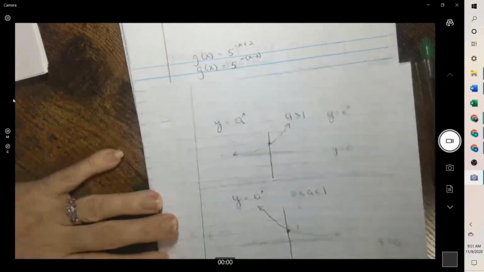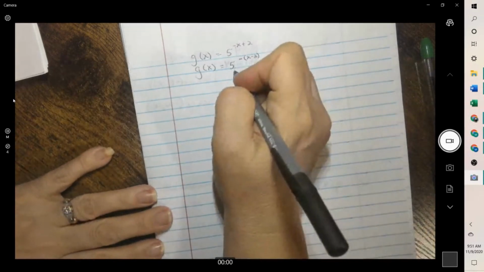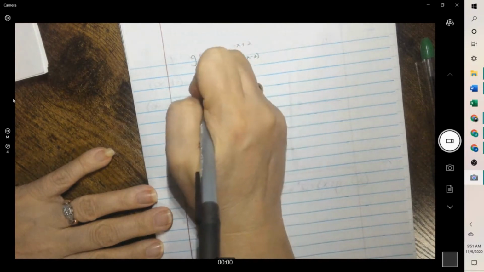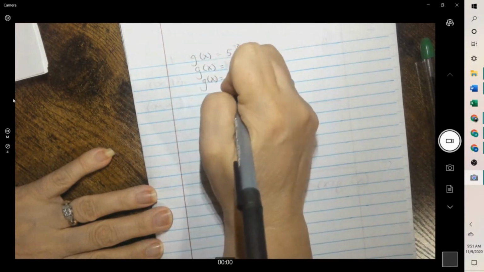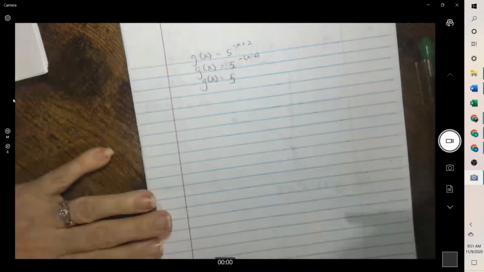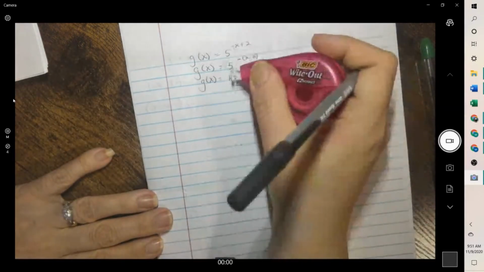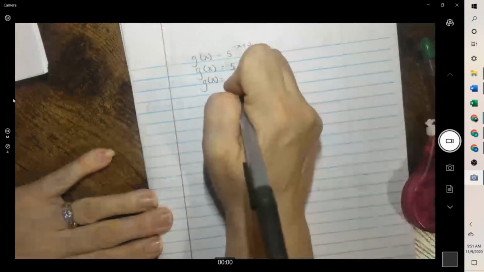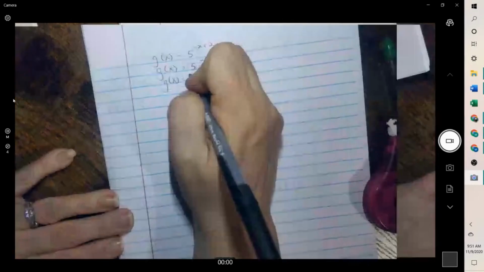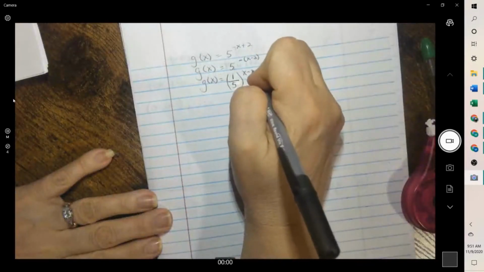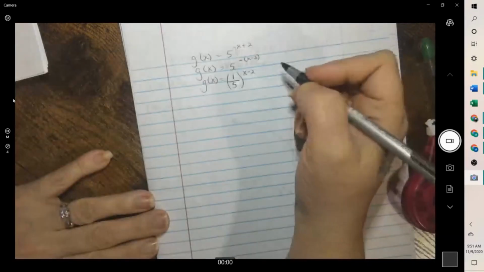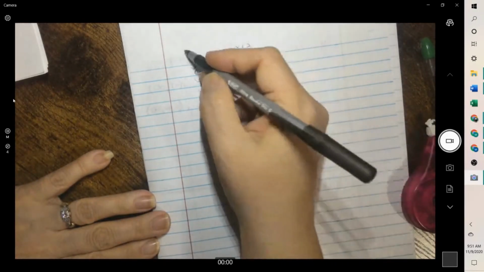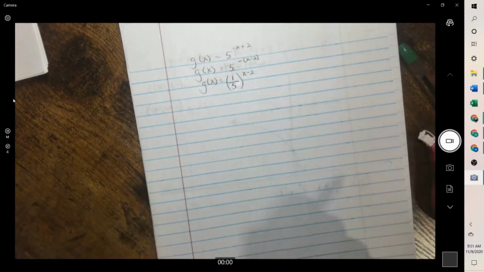Or you can rewrite this and get the negative by moving the 5 to the denominator. So that negative moves this, so that's between 0 and 1, which means it's decreasing.